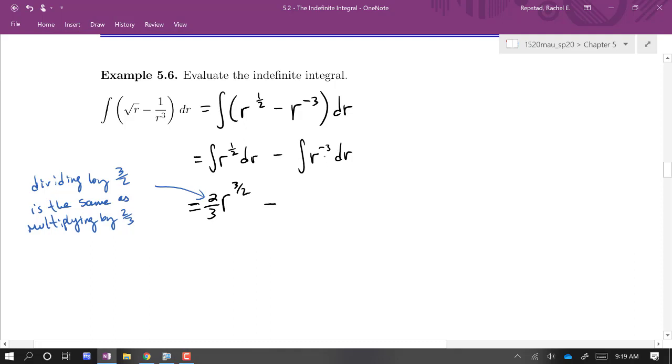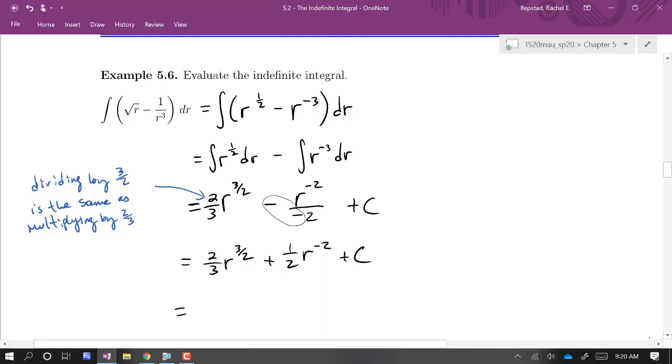And then applying this general power formula for the next integral, increase the power by 1, we get r to the -2, divide by -2, and then plus a constant. So now I'm going to clean it up a little bit. We have 2/3 r to the 3/2. This will be a plus 1/2 r to the -2.